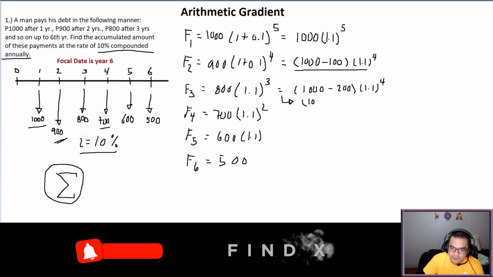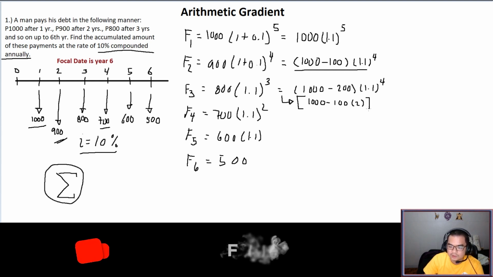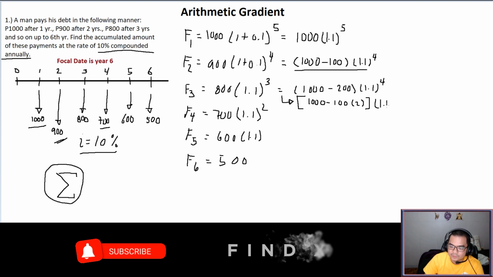This is 1000 minus 1000, rewriting this equation, minus 100 times 2, right? That is just the same, raised to 4. Okay. Now, how about for this one?